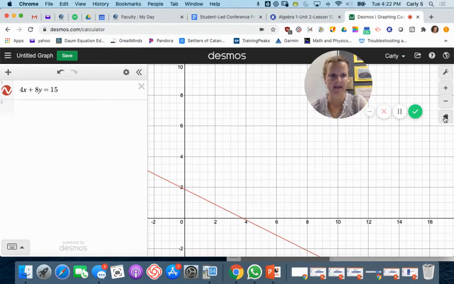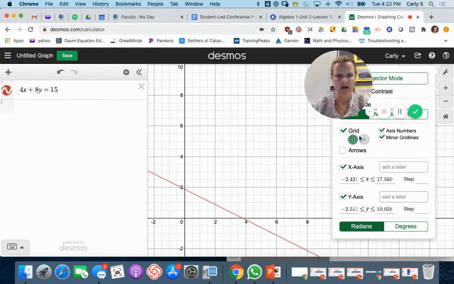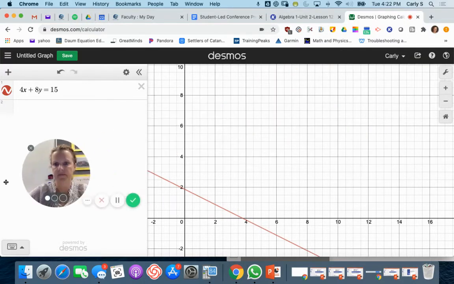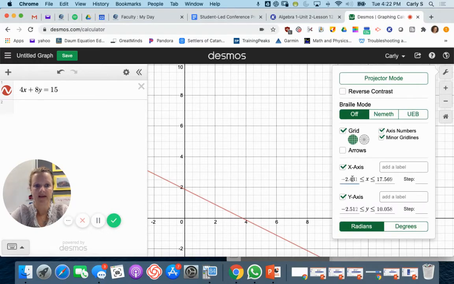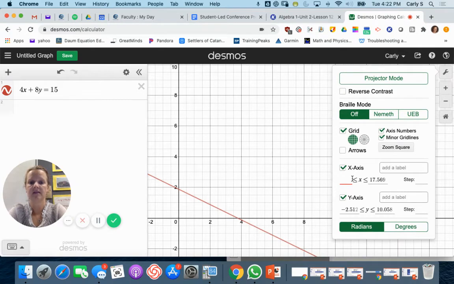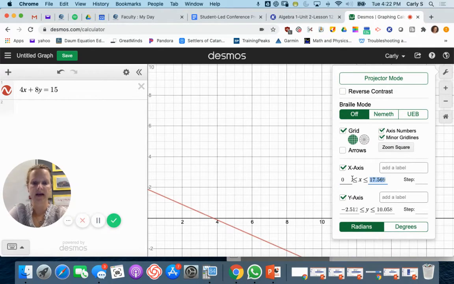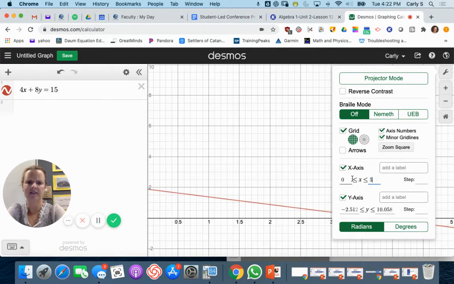All right, I can actually change how we look at it here. I want my x-axis. I only need the positive x's, right? Because that's all we're going to look at. And it looks like I just need it to go a little bit further. And x was the raisins.